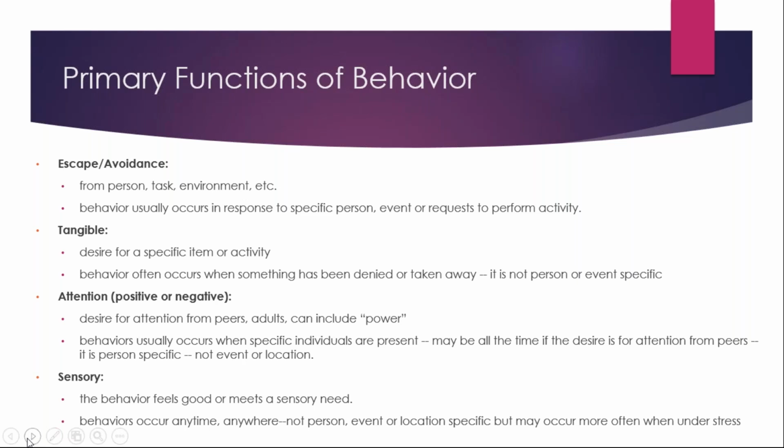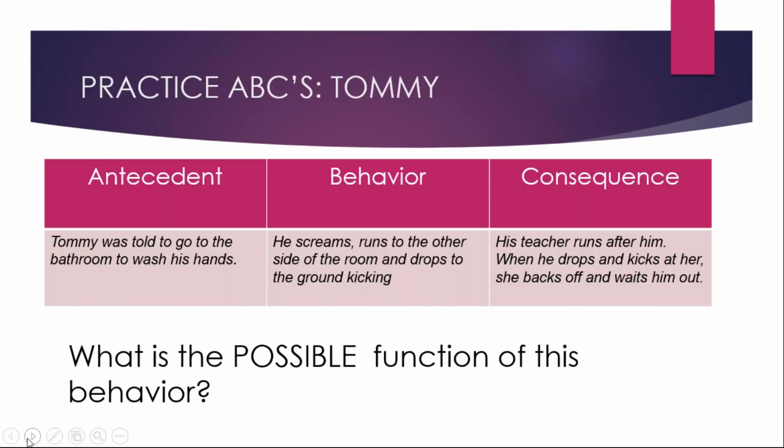All right. So now we're going to go back to our example from earlier. We had Tommy, and we discussed the ABCs of Tommy's behavior. The antecedent was Tommy was told to go to the bathroom to wash his hands. The behavior was he screams, runs to the other side of the room, and drops to the ground kicking.